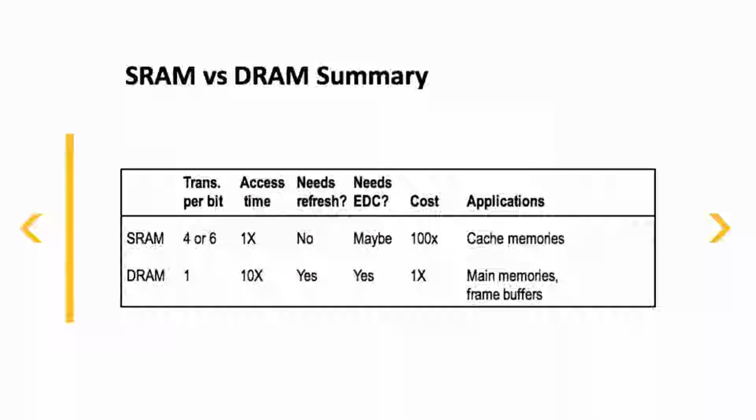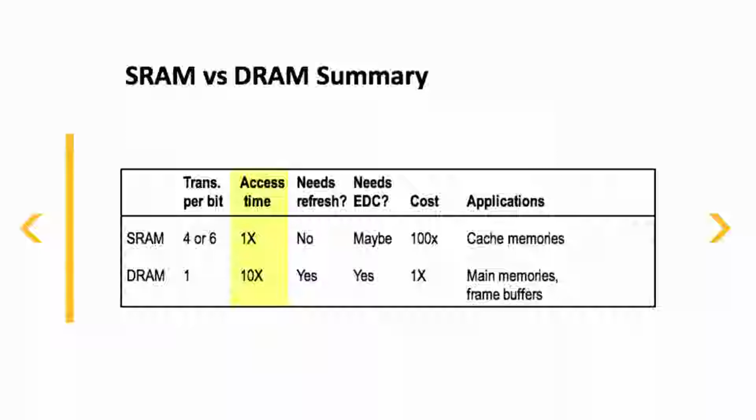Well, we have a table here that just shows us the major differences that we want to be aware of. Whereas static RAM takes 4 or 6 transistors per bit, dynamic RAM only takes 1. However, when we take a look at access time, we find out that dynamic RAM takes 10 times the amount of time to access as static RAM does, which makes it 10 times slower.